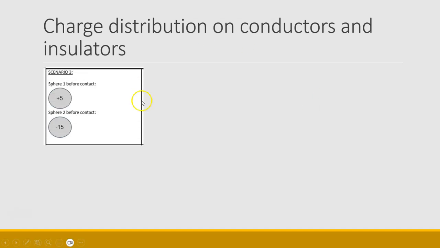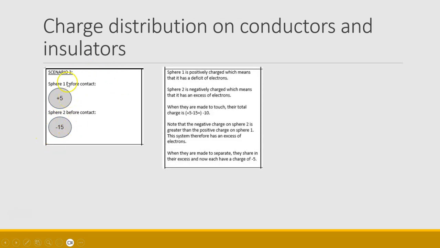In scenario 3, we have one sphere with a positive charge of 5 and another sphere with a negative charge of 15. So sphere number 1 is positively charged, so it has a deficit of electrons, and sphere number 2 is negatively charged, so it has an excess of electrons.